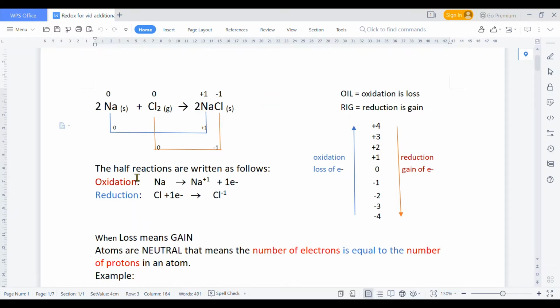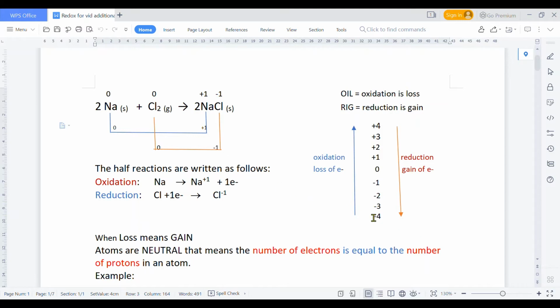We will inspect if there is a change in the oxidation states of the element on both sides of the reaction. So, sodium from 0 to +1. Chlorine from 0 to -1.